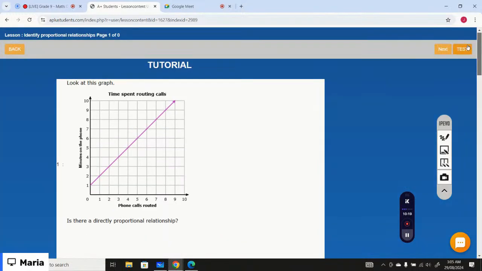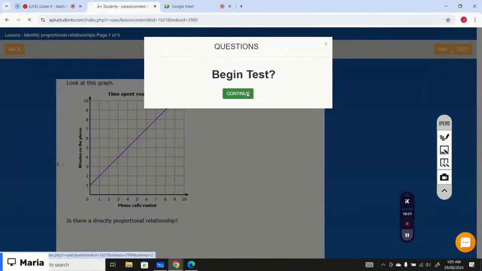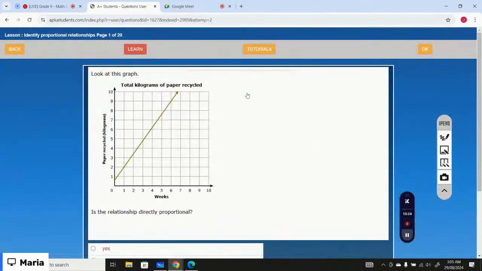Let's just start with the test questions. Look at this graph. Is the relationship directly proportional? So which is the correct option?